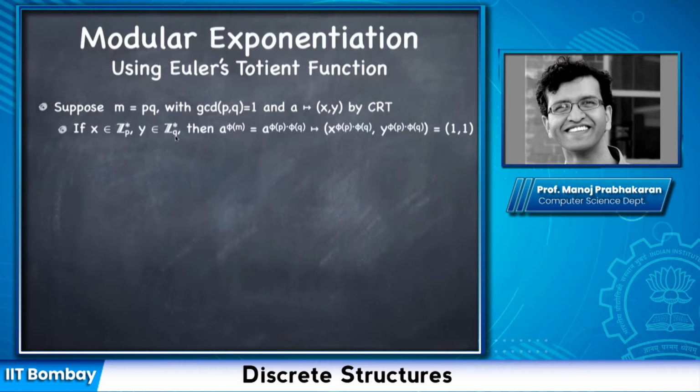So Euler's totient theorem does apply here, and let's work that out in a little more detail. So a to the phi m, what is phi m? Since p and q are co-prime with each other, and we already saw Euler's totient function is a multiplicative function, I can write phi m as phi p times phi q. This follows from the formula of the totient function that we saw.